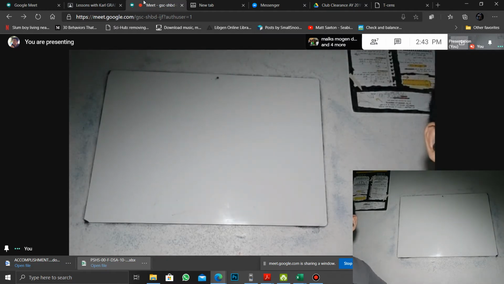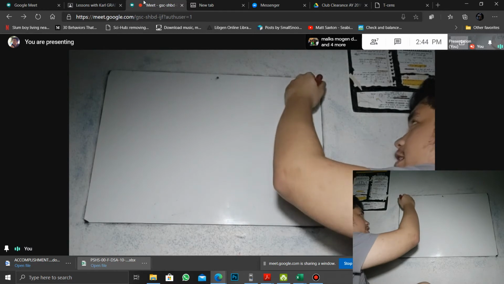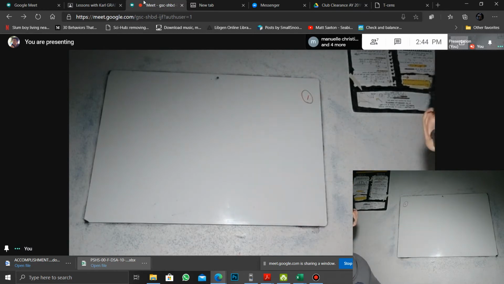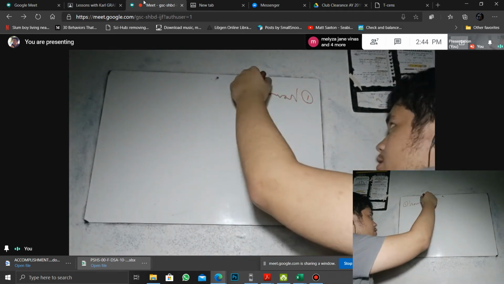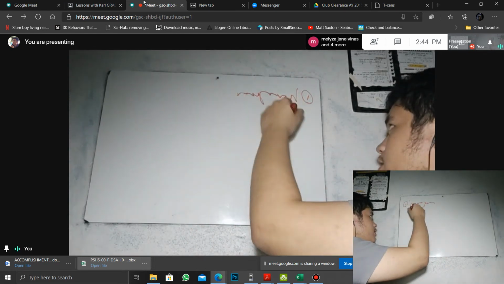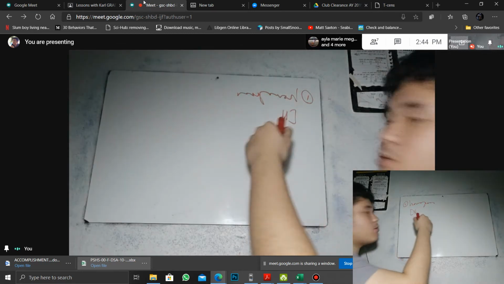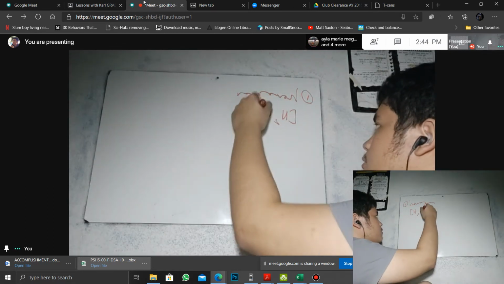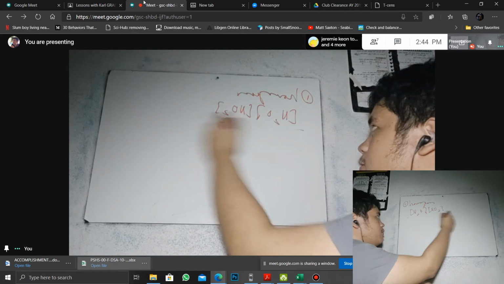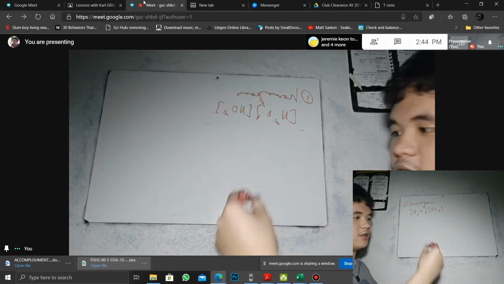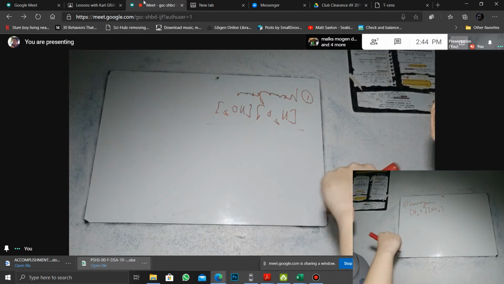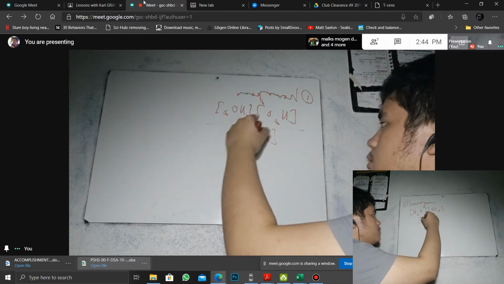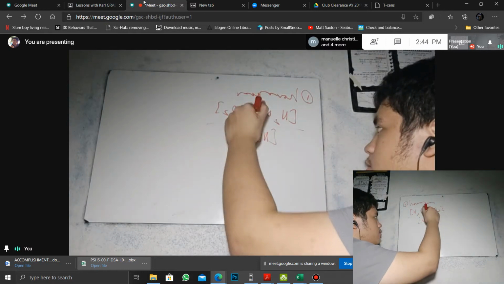Number 1, 3NO forms N2O and NO2. Homogeneous kasi lahat ay gas. Tapos, N2O, NO2 over NO cube. Sige.